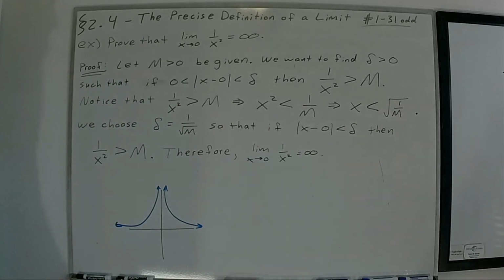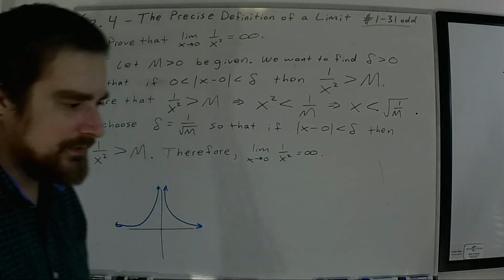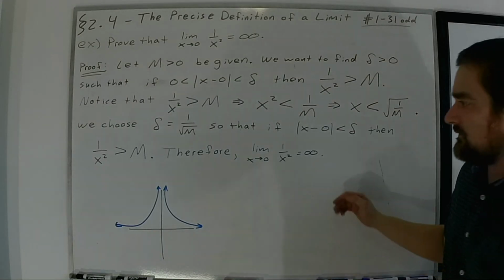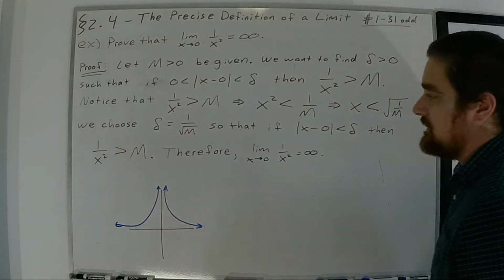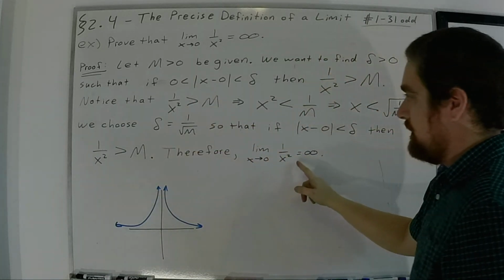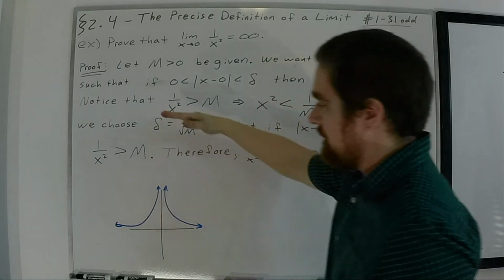So it kind of depends on the function. Whereas this one we can get away pretty cheaply simply by stating that, no matter which side, it goes up to infinity. So we just pick a nice capital M that's very large, and we show that our function stays above that very large value.